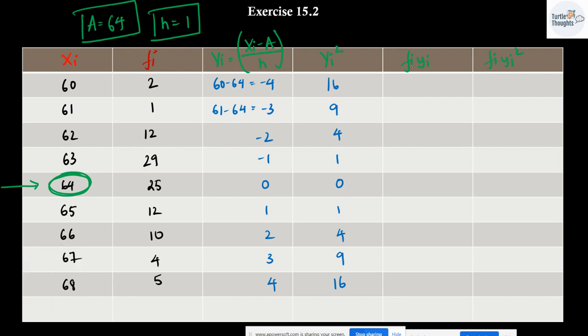The value of yi is over here and fi is over here. So I'll be getting 2 multiplied by minus 4, which is minus 8. Next 1 multiplied by minus 3, it is going to be minus 3. 12 multiplied by minus 2, it is going to be minus 24. I'm sorry.